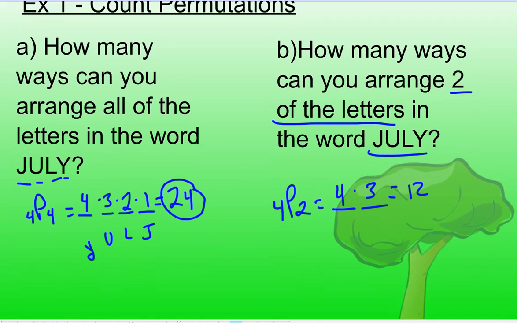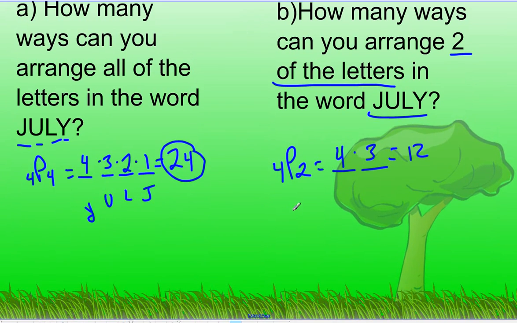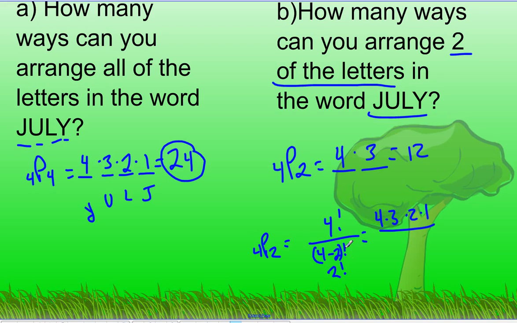Now, if you wanted to look at that big, huge, ugly method that it showed, here's what it would be. So it would be 4 permute 2, which would be 4 factorial over 4 minus 2 factorial. 4 factorial is 4 times 3 times 2 times 1 over 4 minus 2 is 2. So 2 factorial is 2 times 1.